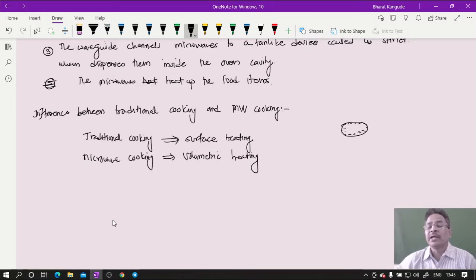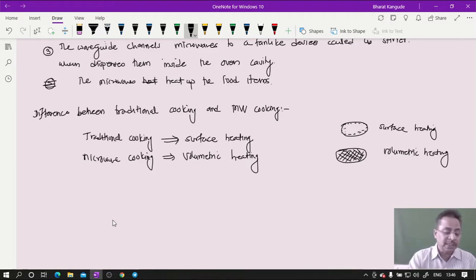Okay, and whereas in our microwave cooking, this same potato gets heated throughout because all these microwaves can enter inside this entire food item. So all the material gets heated very easily. So this is the difference. This is called surface cooking, surface heating, and this is the volumetric heating. That is the difference we must understand. So that is what makes a particular difference here.